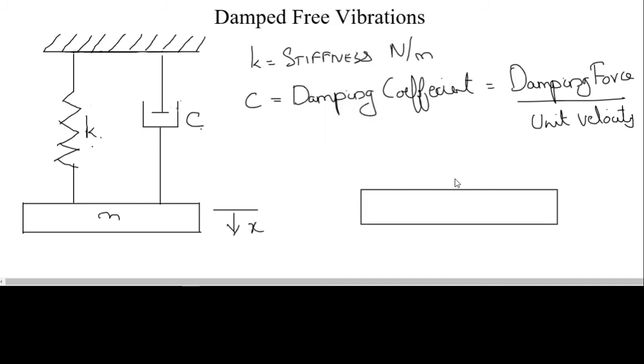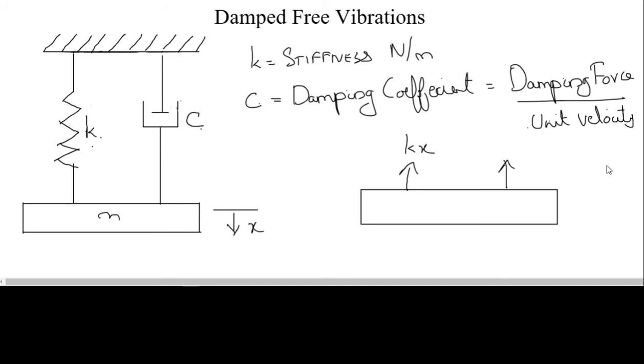So there is a mass here, and due to this spring, there will be a spring force that will be equal to K times x, and there will be a damping force. So we know C is equal to the damping force divided by unit velocity. So damping force will be unit velocity times C. Multiplying C with unit velocity we get the damping force.